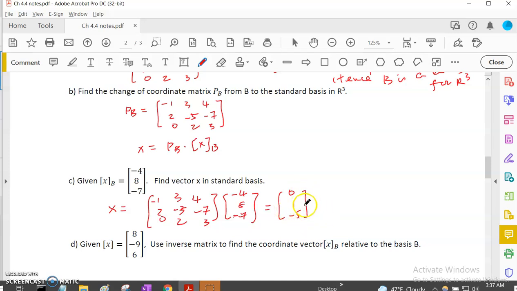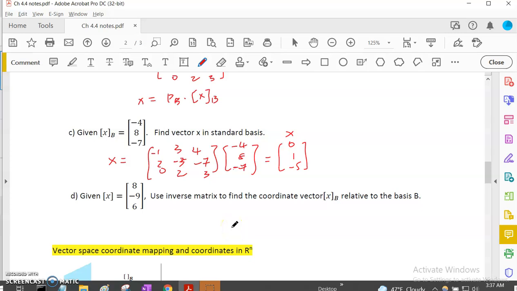So the real vector x is 0, 1, -5, but relative to the basis B it is -4, 8, -7. That is just a multiplication.